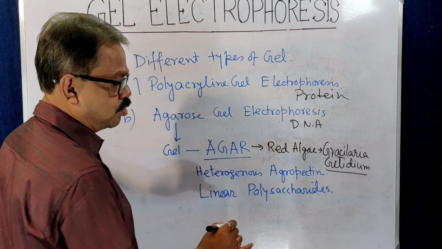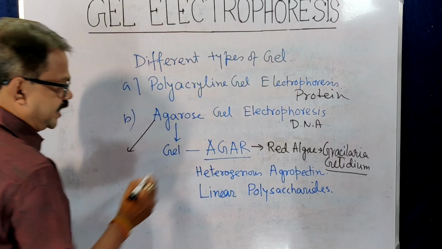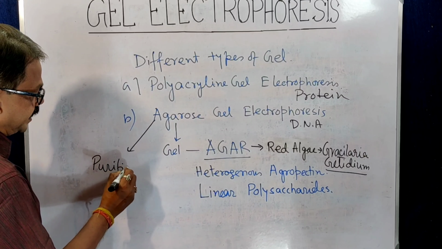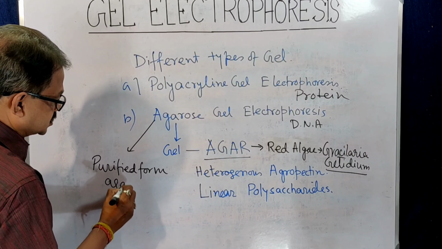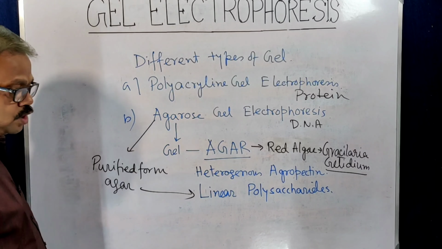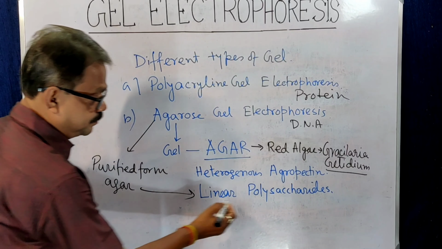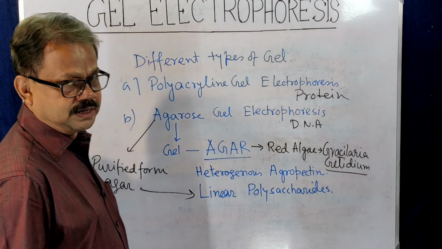These are the main components of agar. Agarose is the purified form of agar, which contains only the linear polysaccharide, so it is obtained by the purification of agar.